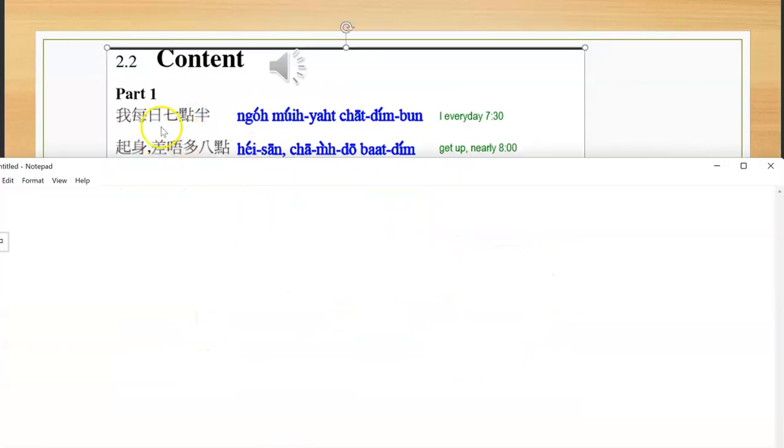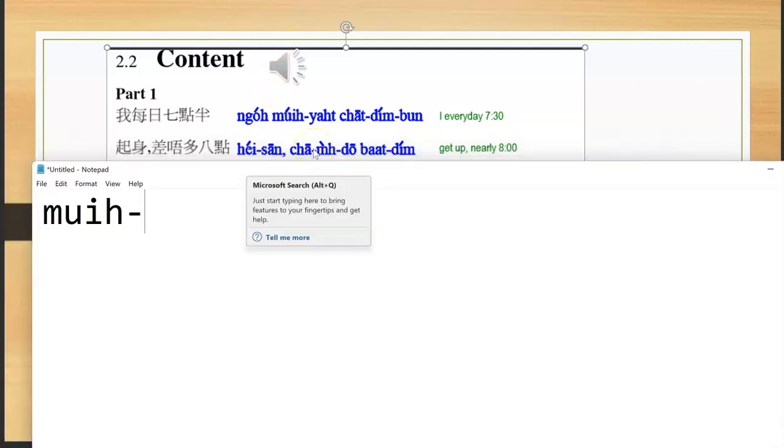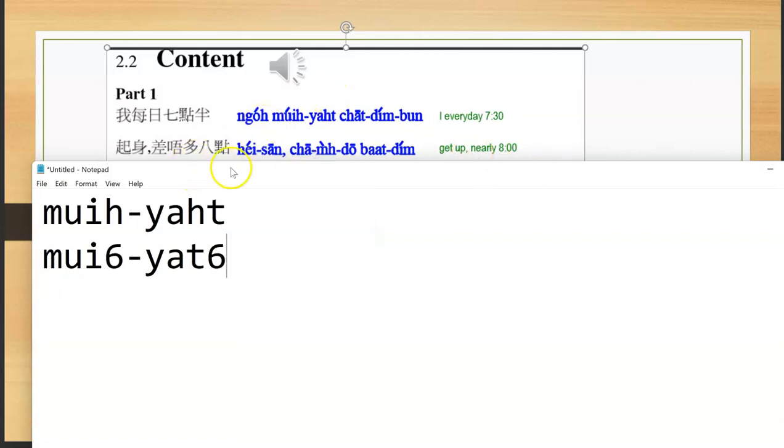Every day. If you find this a new word to you, then you probably need to jot it down. I think this is useful. Every day. So you can see the H here. Just an H is tone 6, and this is tone 6 as well. Roughly around, approximate, about.